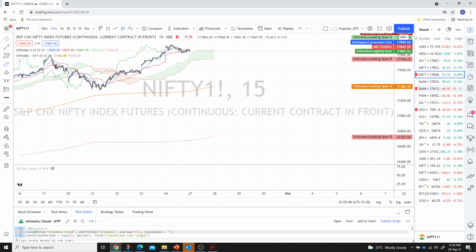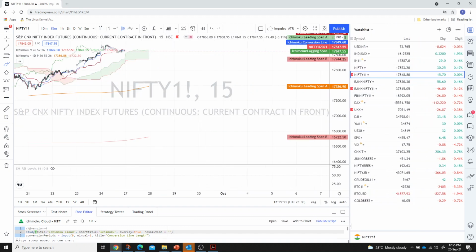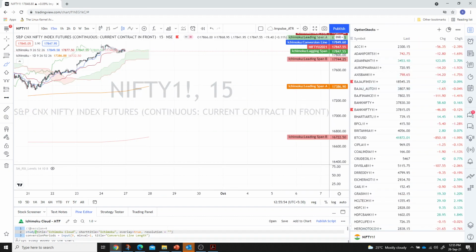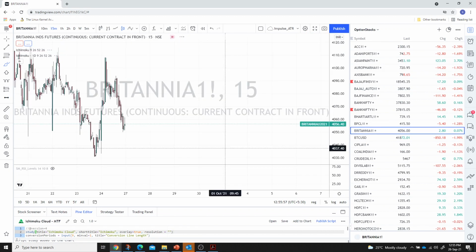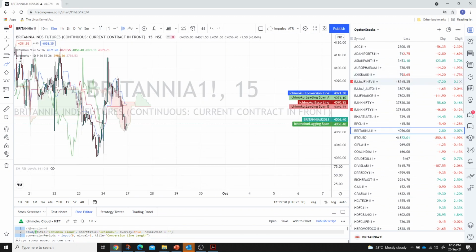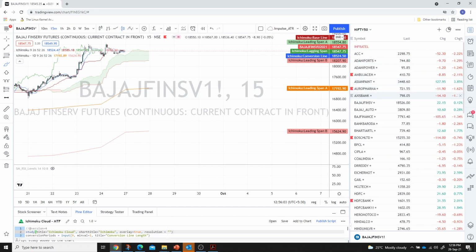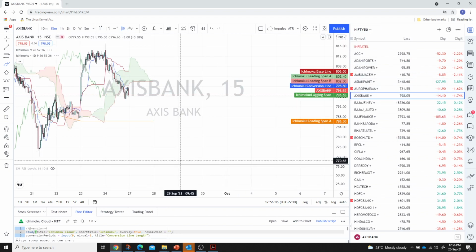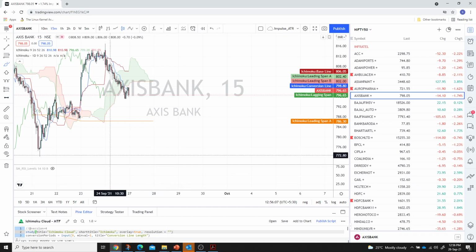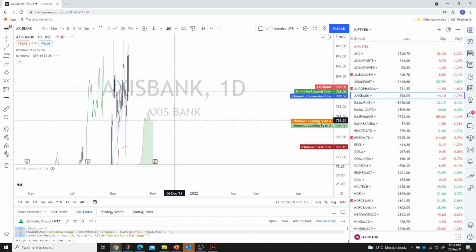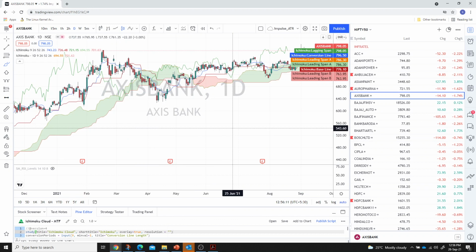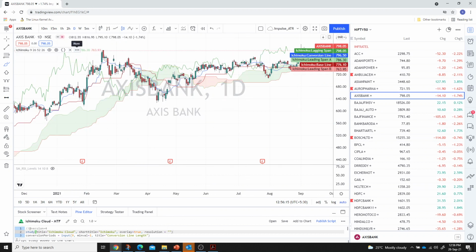One thing which I missed informing was that you can also make some assumptions of earnings in the chart itself. So let's say, again, I go back to Axis Bank. So I'll remove all indicators for now.